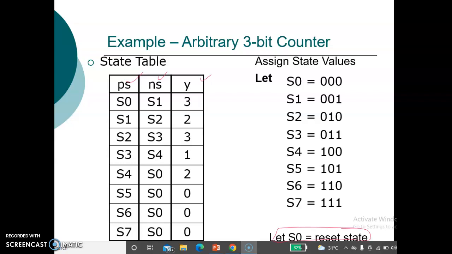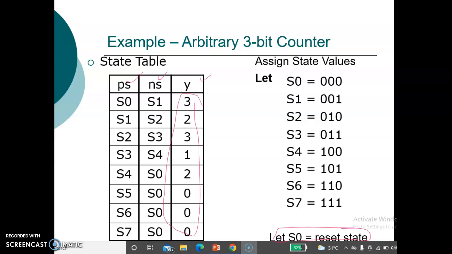S1 001, S2 010, S3 011, S4 100, S5 101, S6 110, S7 111. So here according to this we need output expectation like this. This is the arbitrary counter. 3 2 3 1 2 0 0 0.